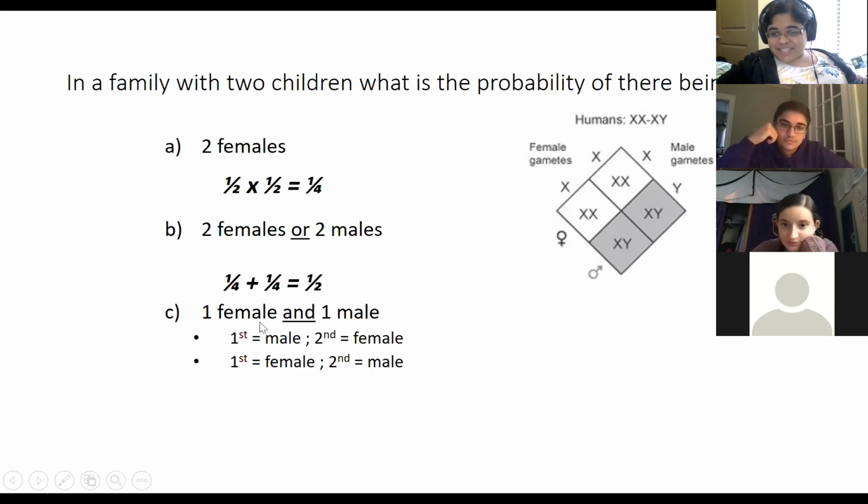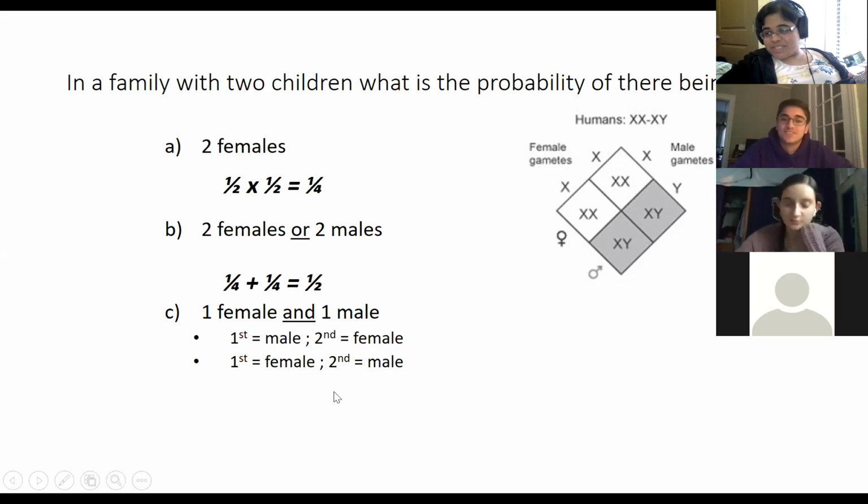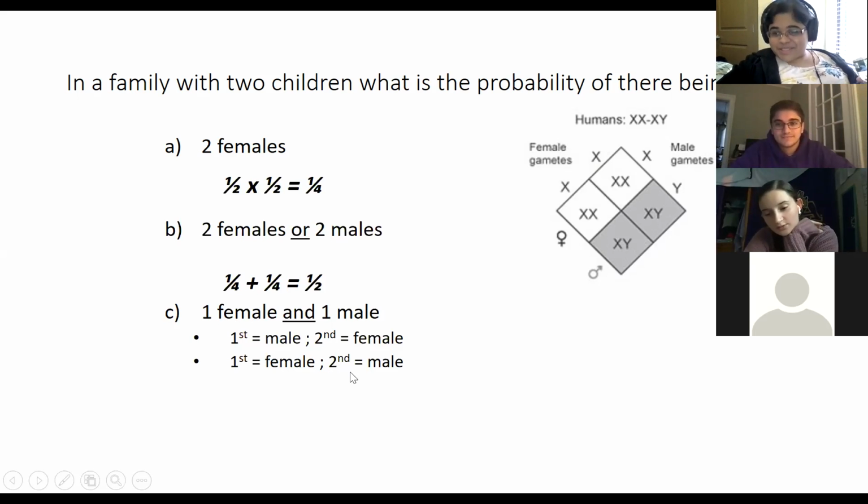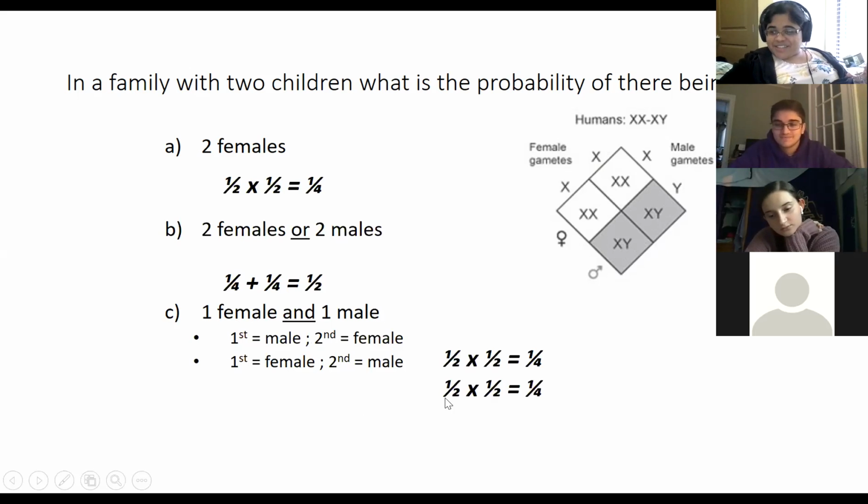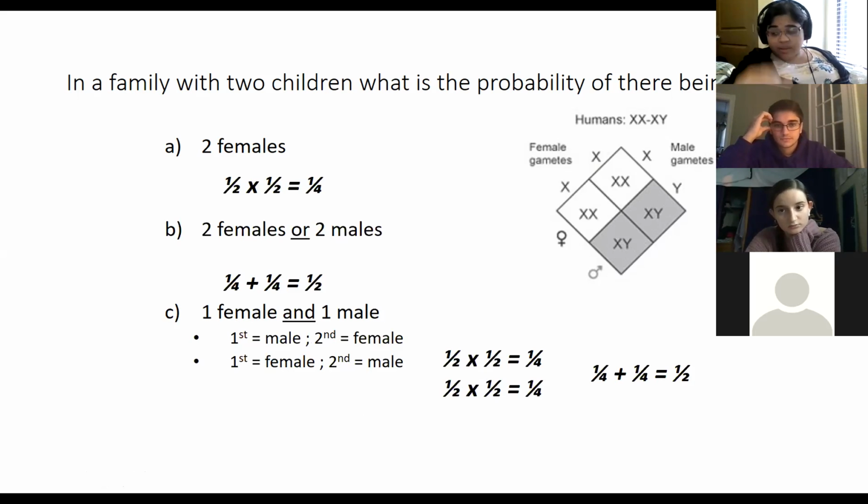With this kind of question, the order comes into play because you can either get a male first or a female first. So essentially you get the same calculations with these, but then you have to add them up together to get the right probability. Does that make sense? So that's how it's 1/2.